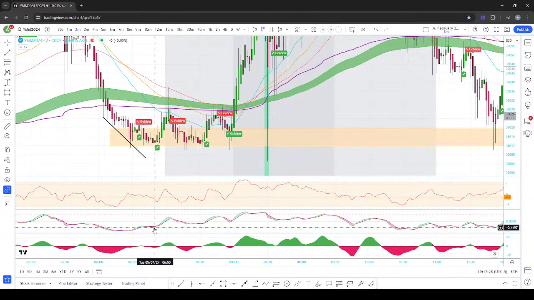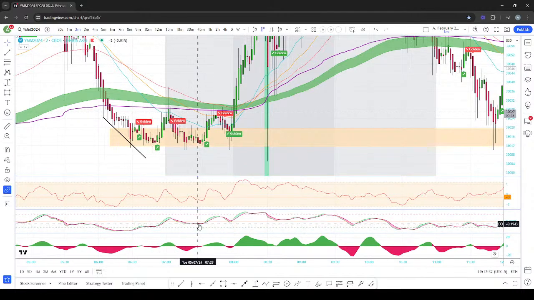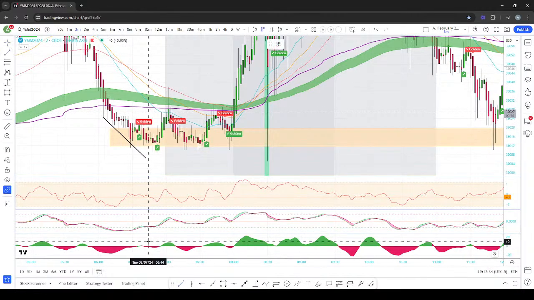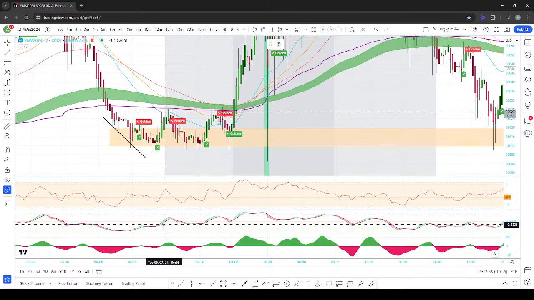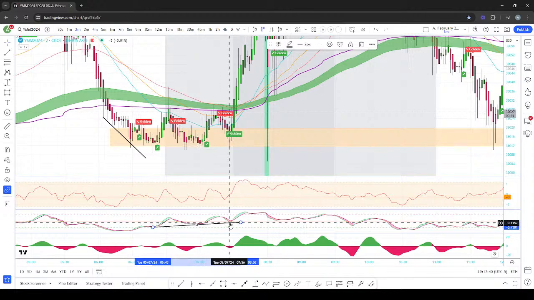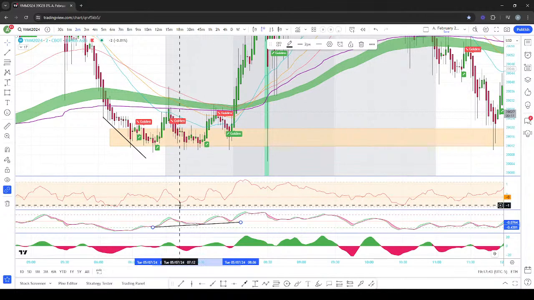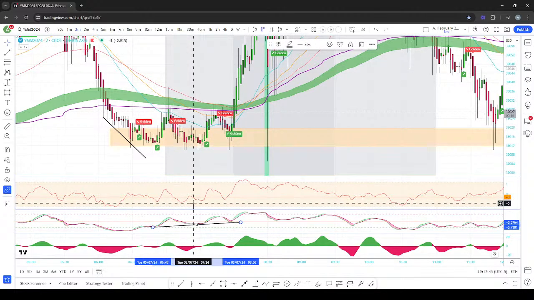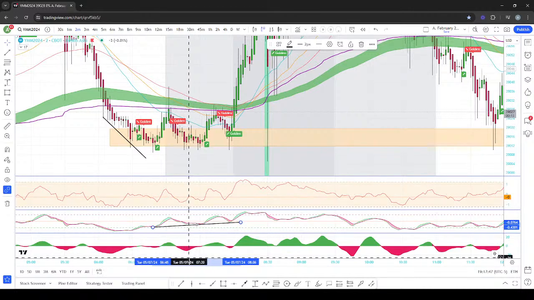As I'm also looking at my oscillators, I can really see the shift moving up. From this point right here, you can see how there's a shift and it's moving up this way. Same thing is happening right in through here.